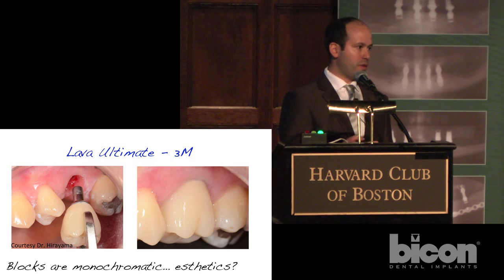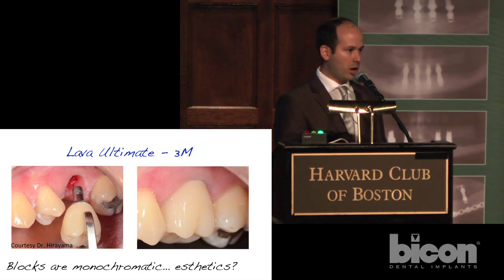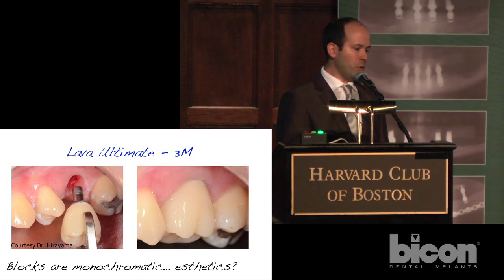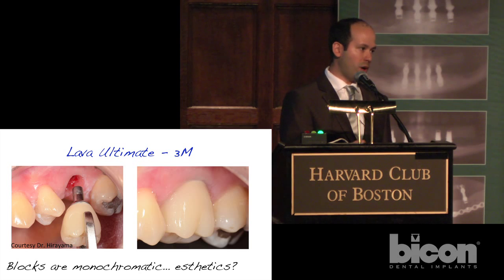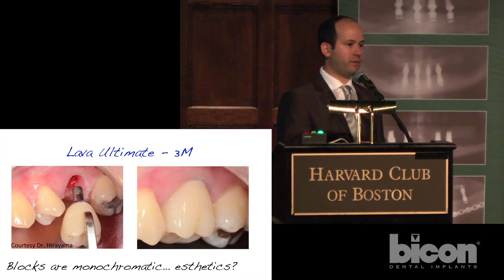And one of the things, when we think of a block for CAD/CAM, is that we have technology with which we can get acceptable aesthetics, but the blocks themselves are monochromatic. So until the companies develop different shades within a block with different degrees of translucency, we're sort of limited in terms of aesthetics.